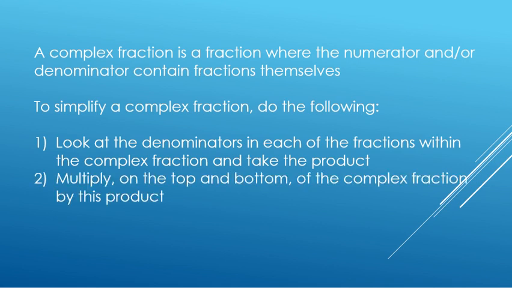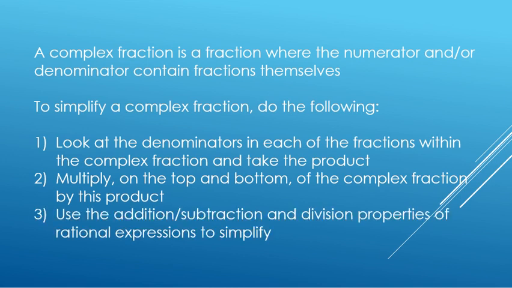Once you have that, you're going to multiply on the top and bottom of the big overall fraction by this product. This is, again, just multiplying by a weird, ugly-looking 1. Again, it's not changing the fundamental quantity that we have. It is just changing how it looks, though.